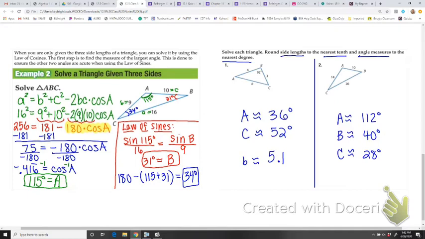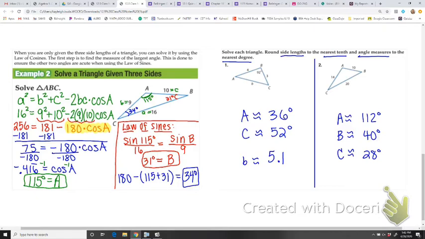And then you're left with negative 180 times the cosine of A on the right side. You can divide both sides by negative 180. You're going to get a negative decimal on the left. And this time you need the inverse cosine. So you would go second cosine and type in that negative decimal to get that the A angle is 115 degrees.